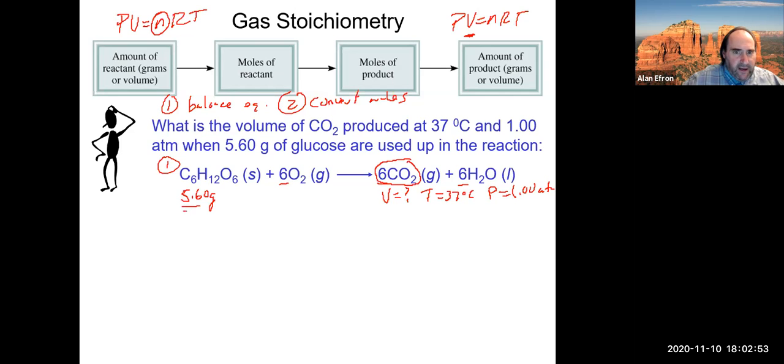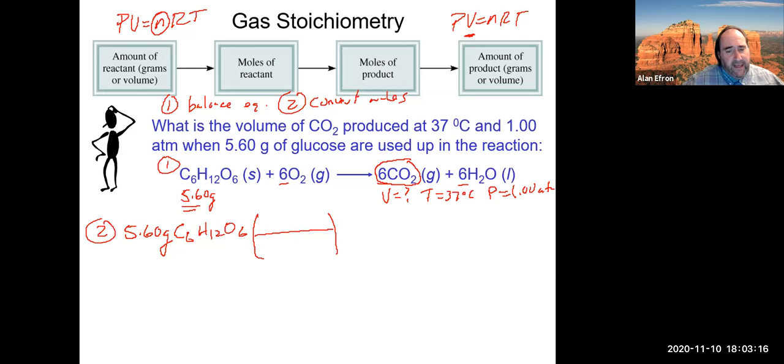So to start out here, we're going to convert those grams that they gave us into moles. To do that, we would go to the periodic table and get the molar mass of this guy, taking carbon at 12.01 times 6 plus hydrogen at 1.008 times 12 and oxygen 6 times 16.